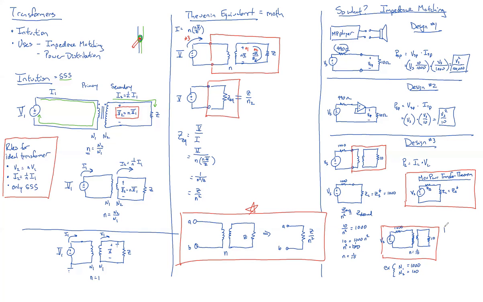I'm not going to go through the whole thing to find out what the power of the speaker is, but you'd find it just the same as we did before. You'd replace this with its Thevenin equivalent, which now looks like this. Oh, maybe I will do it. The current through the speaker would be equal to Vs over 2,000, because it looks like two 1,000 ohm resistors.